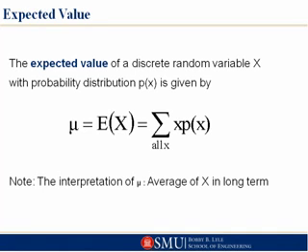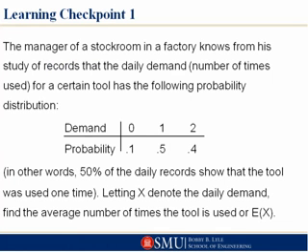We're going to take the value that the random variable can take times the probability that it takes that value, and you're going to add that up for each of those. So, the value the random variable can take, 0, times the probability that it takes that value, 0.1.